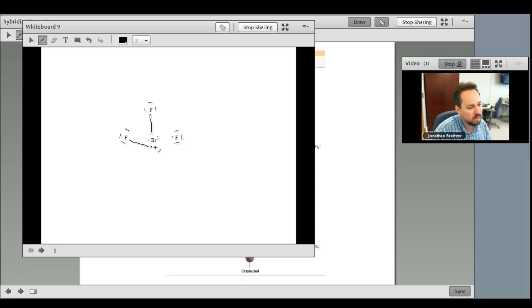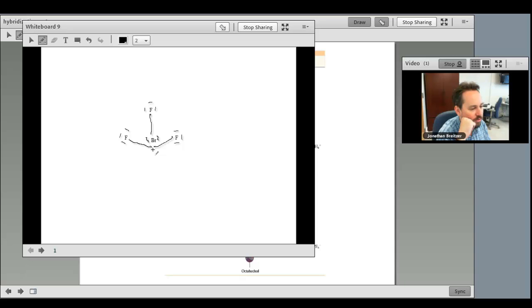So I have to immediately pair the other electron up as well. So what do we have here? We have a bromine with 2 lone pairs. I'll just connect the dots together to show it as a lone pair. 2 lone pairs around it, and then 3 bonding pairs. So the bromine has 5 things around it.